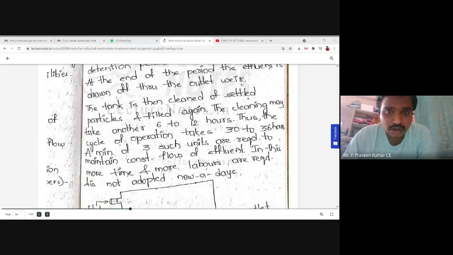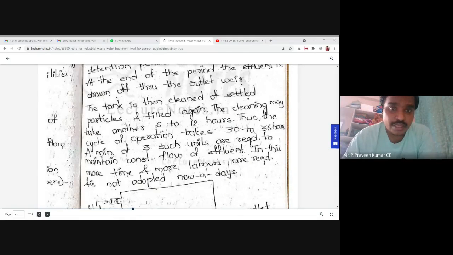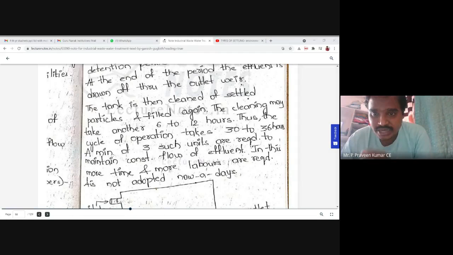So filling and settling takes 24 hours, and removing the sludge takes 6 to 12 hours. Thus the cycle of operation takes 30 to 36 hours in total.